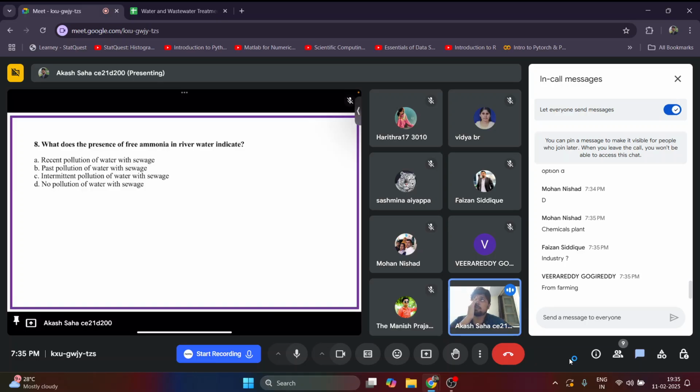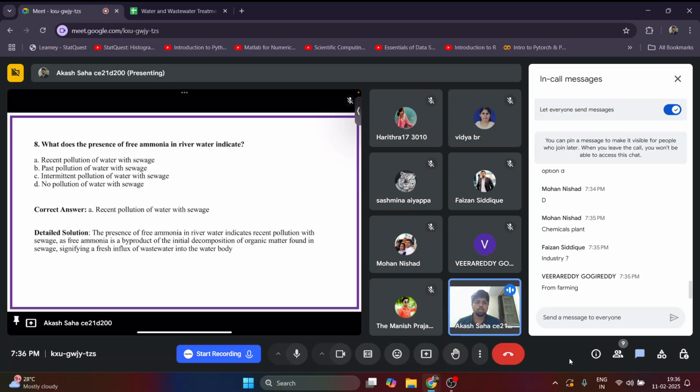Basically you try to remember that whenever there is some microbial degradation of any pollutant, mostly anaerobic, in many places there is some ammonia that is coming out. So if pollution is there, ammonia will be forming as a byproduct.